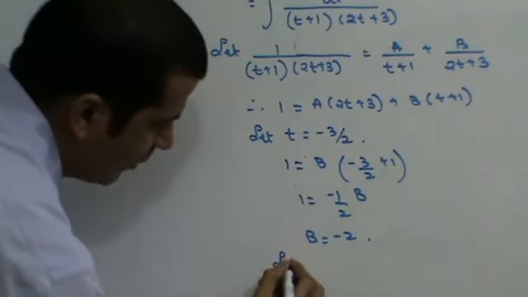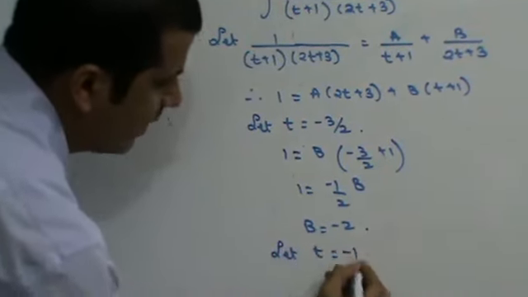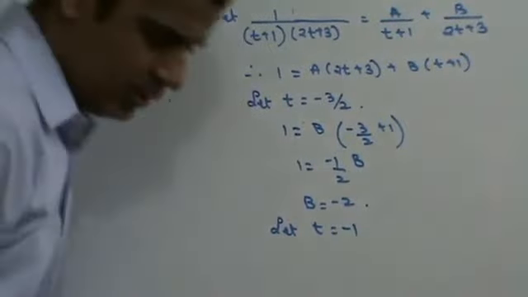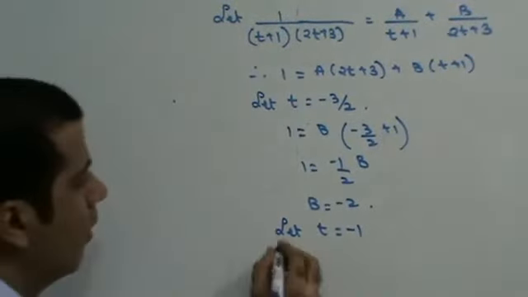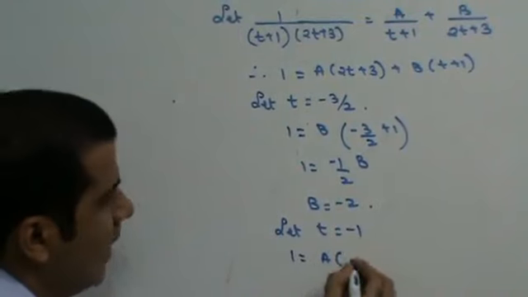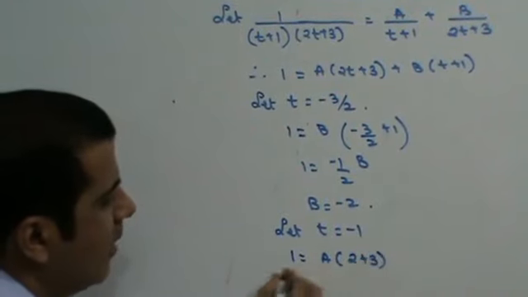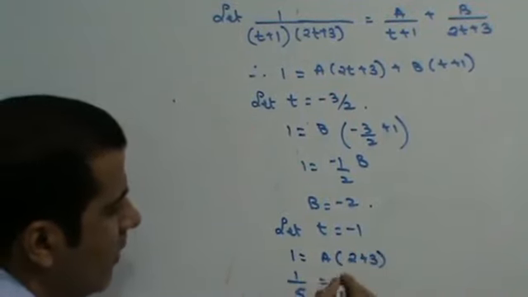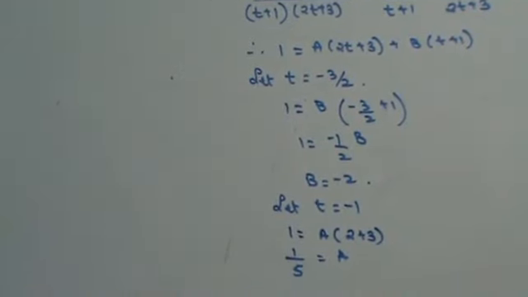I want to make the second bracket 0, so I'll say let t be equal to minus 1. 1 is equal to a into (2 plus 3), 1 upon 5 is equal to a, right?